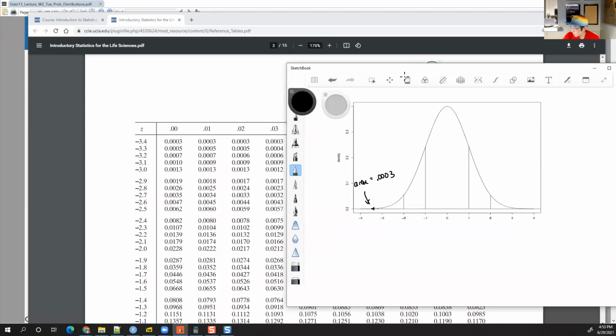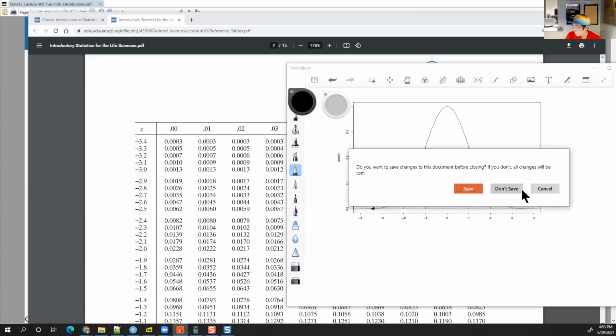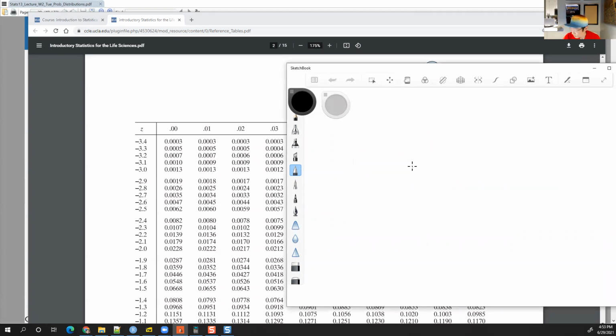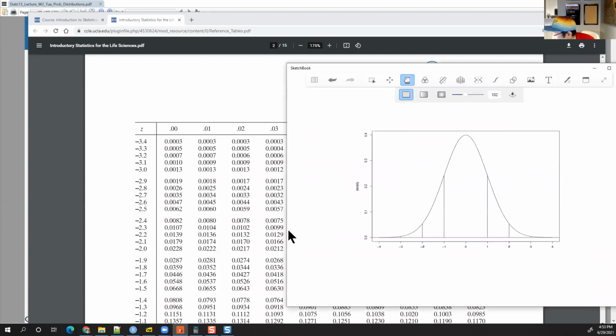As you get closer, if you go to negative 3.0, then we shade everything to the left of negative 3.0.